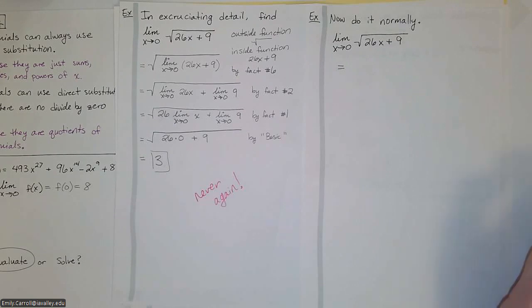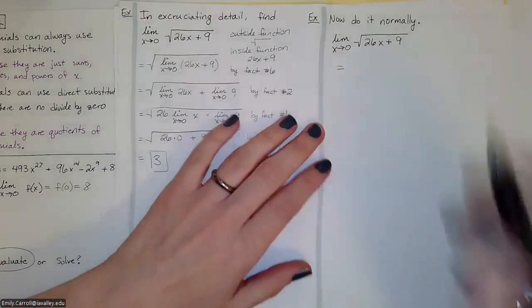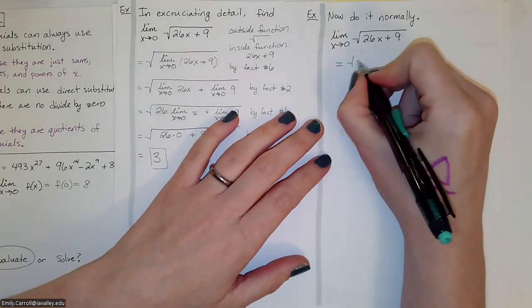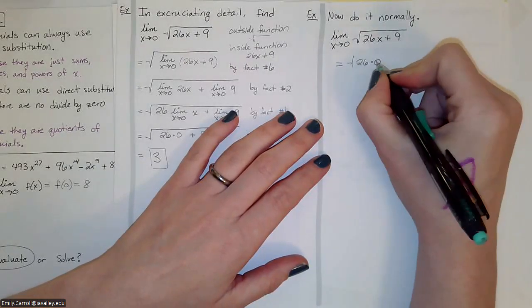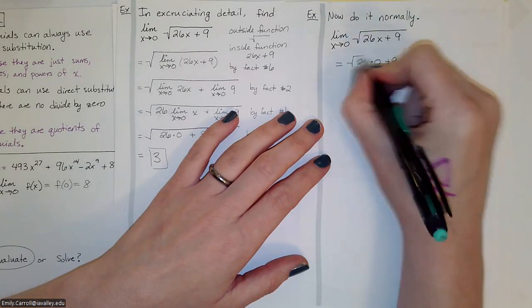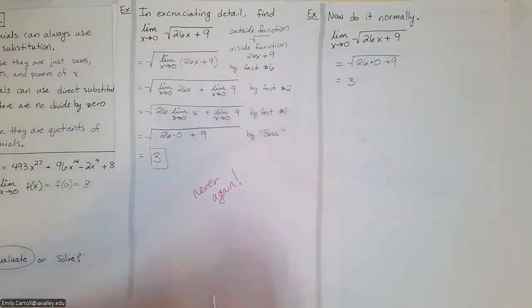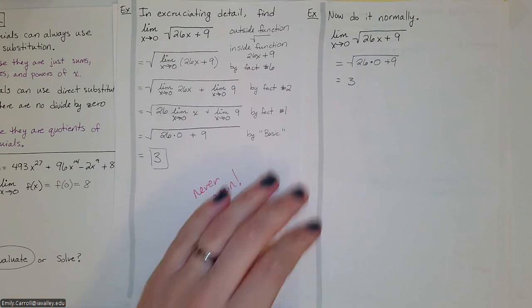We just notice that there's nothing wrong with x being 0 here. There's no funny business, so I can just go ahead and let x be 0. That was much faster.